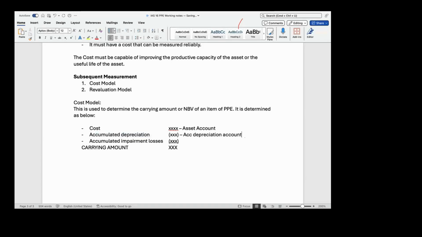I will tell you how this account is derived, how it comes about, and all of that. Then the third item is accumulated impairment losses. I'm not going to teach you impairment losses in this standard. I'll be teaching you probably before the end of the month, we should do impairment, IAS 36. So it's a separate standard dealing with this, but there will be an account called accumulated impairment losses account where this is determined.